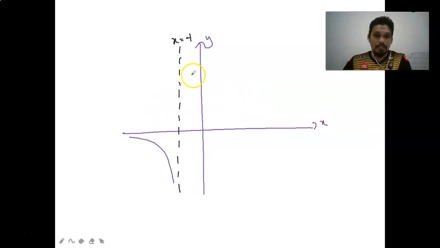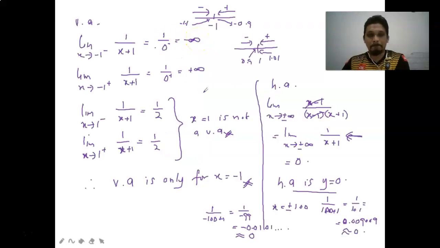Because there's only one vertical asymptote at x equals negative 1, x equals 1 is not a vertical asymptote.